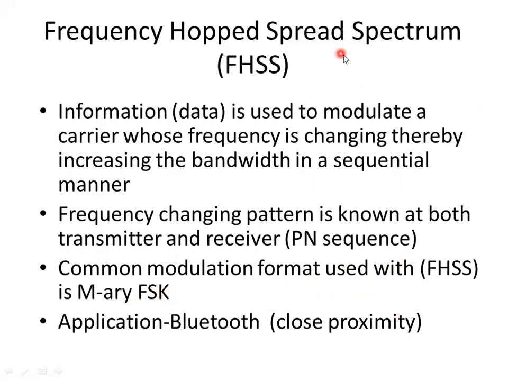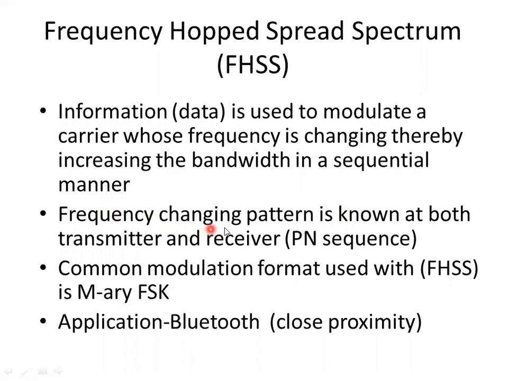In case of frequency hop spread spectrum, the information, that is data, is used to modulate a carrier whose frequency is changing, thereby increasing the bandwidth in a sequential manner. Why this is sequential, we'll see at the end of today's lecture.